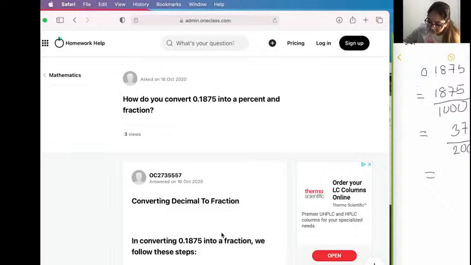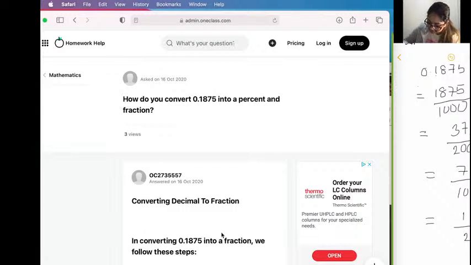So what we have here is basically 75 over 100, and we can even further divide this by 5. What we get is 15 over 20.